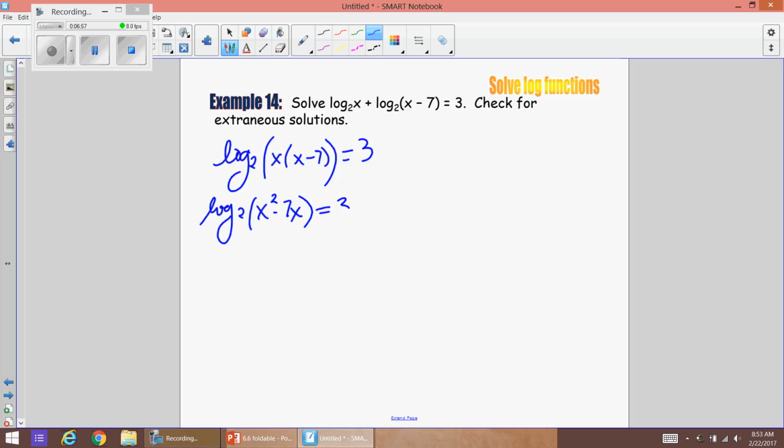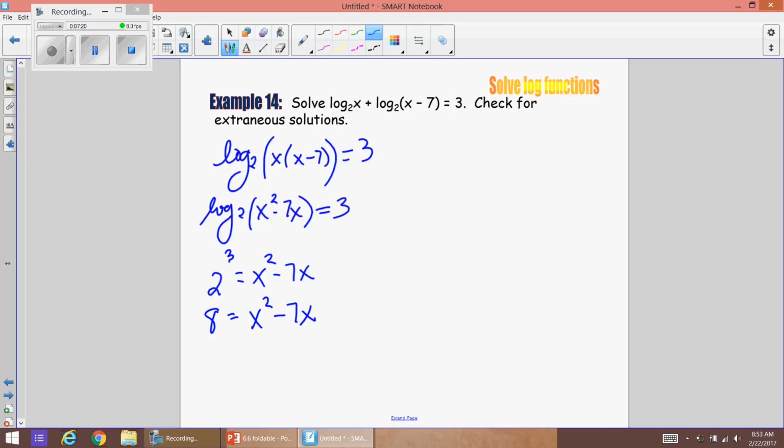Excuse me. It equals 3. Now we're where we were in the first part of this lesson, where we get to rewrite it because we have one log and then we have it equal to a number. So this is 2 cubed equals x squared minus 7x. 2 cubed is 8, so 8 equals x squared minus 7x.